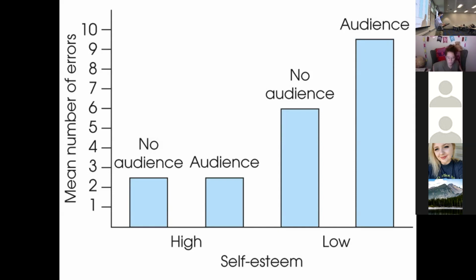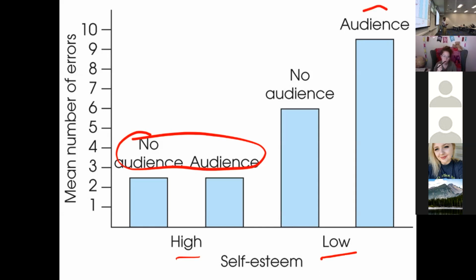All right, so one factor is esteem, and we're manipulating that, we're operationalizing that as high and low and maybe a self-report. And then the other factor is the no audience or audience manipulation. You can see it's represented the same both up here.